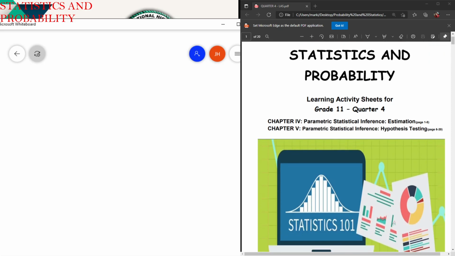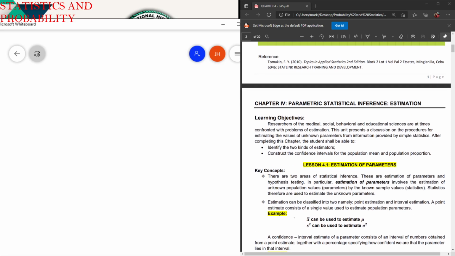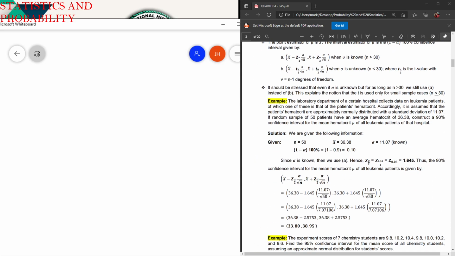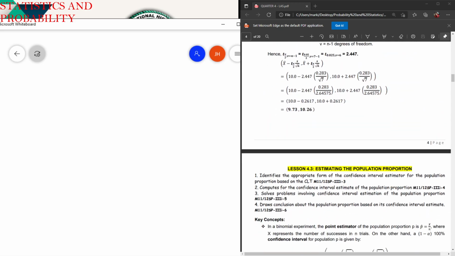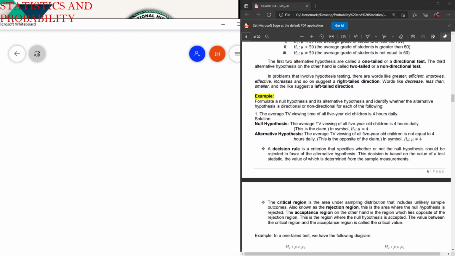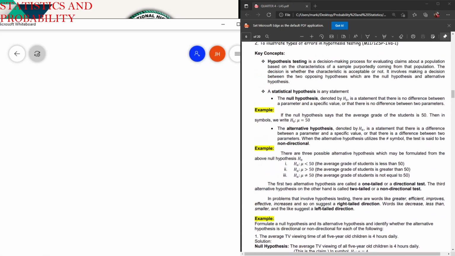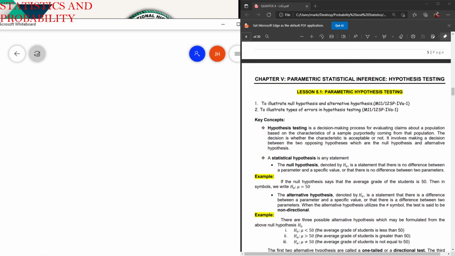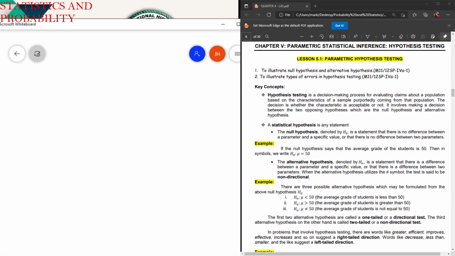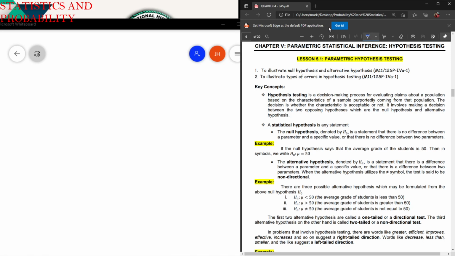So in statistics and probability, let's turn to page number 6. Alright, so this is our page number 6. We are talking about chapter 5, parametric statistical inference, hypothesis testing.